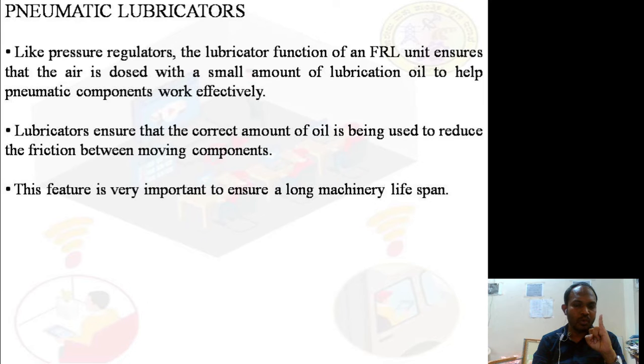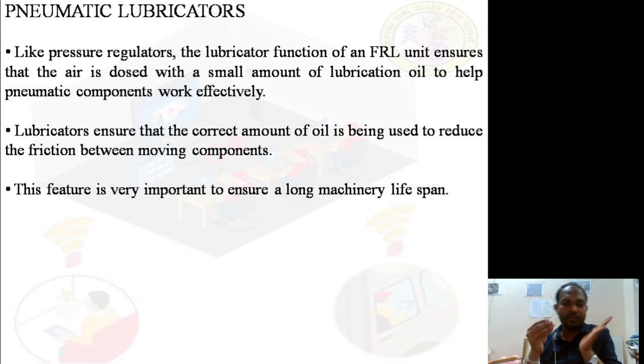That is, two mating parts or any moving parts will be restricted, it also restricts the movement of the air, and it also damages the metal parts of the pneumatic systems. Now my dear friends, we can see that lubrication is important. It doesn't mean that we have to put in more lubrication.